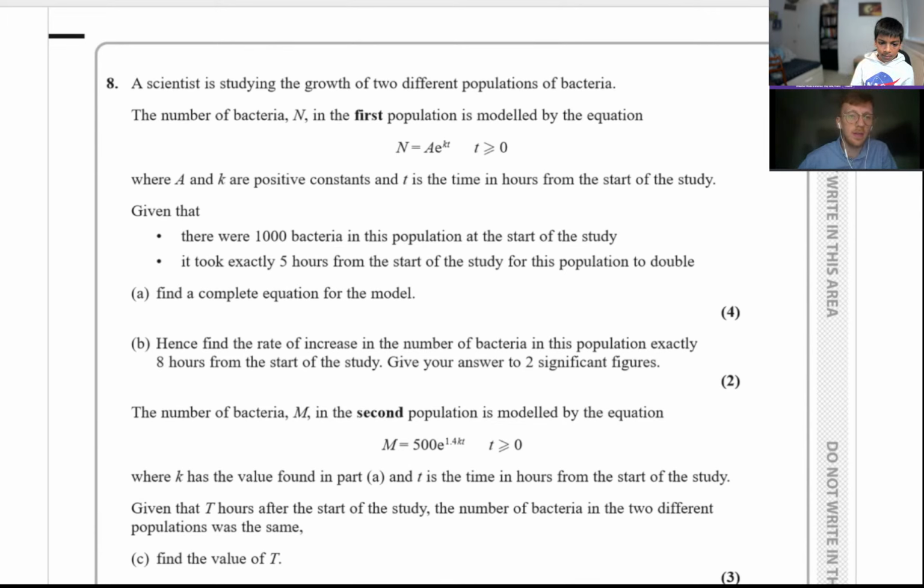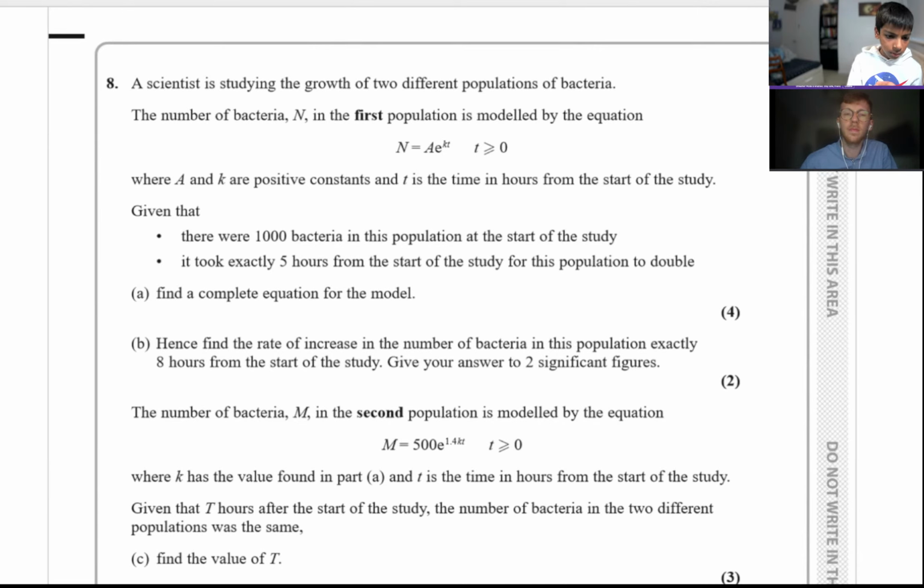Given that there are 1,000 bacteria in this population at the start of the study, it took exactly 5 hours for this population to double. Part A is asking us to find a complete equation for the model, and part B is saying hence find the rate of increase in the number of bacteria in this population exactly 8 hours from the start of the study. Give your answer to two significant figures. So let's do part A and B first before we look at the next bit.